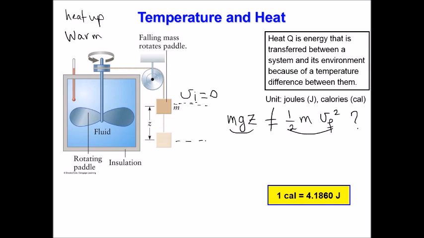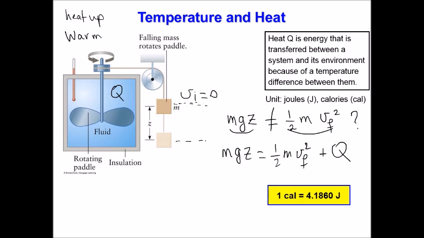And here is where he used what we call heat Q, that's just another form of energy. So basically the right conservation of energy should be like that, plus heat. The potential energy is converted not only to kinetic energy, but also into heat. We will see later how to calculate the heat.